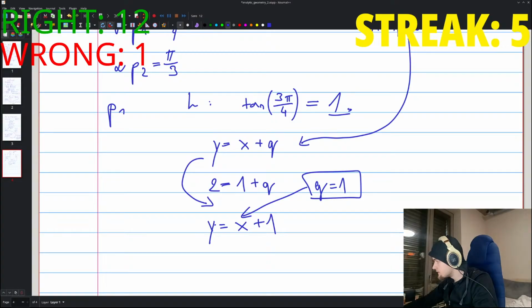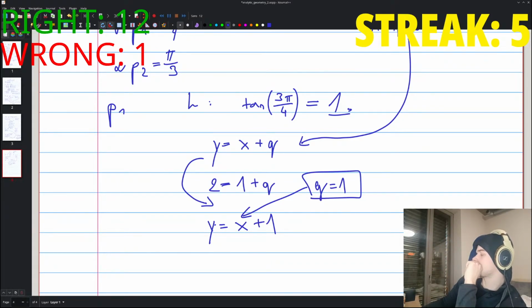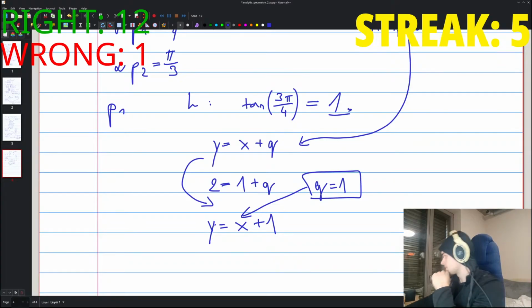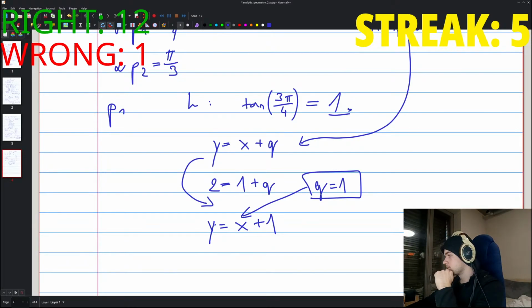And actually, let's check the angle. Is there an angle? Yeah, here. Well, the angle is definitely not correct. It's 45 only.